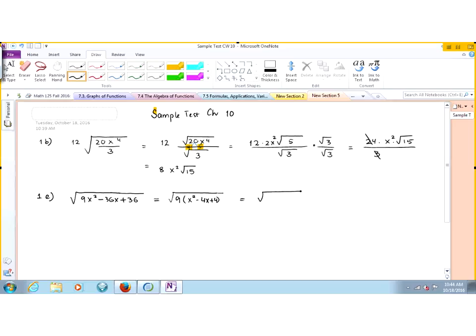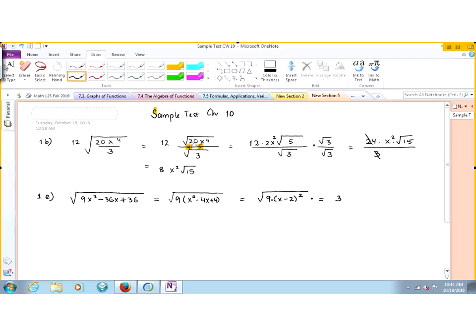Okay, good. So this is square root of 9. Can we factor x squared minus 4x plus 4? x minus 2, x minus 2. So x minus 2 squared. Okay. Now this is a product, right? Can I take the 9 out?